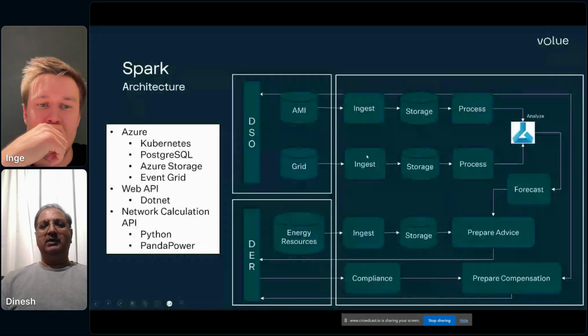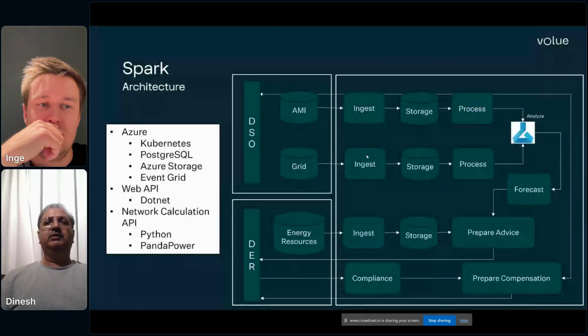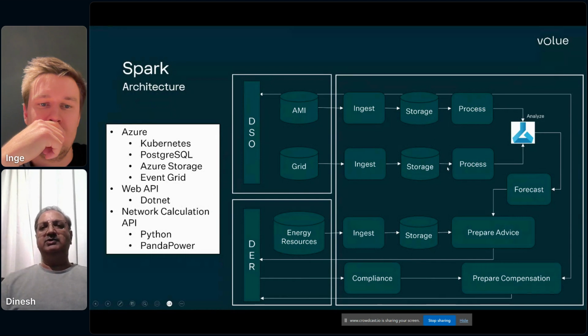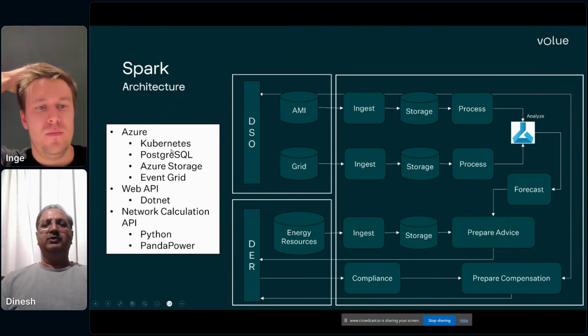Then to do this, we wanted to build the necessary services and build our architecture around it. What we had from the beginning is an Azure platform. We want to use Kubernetes.